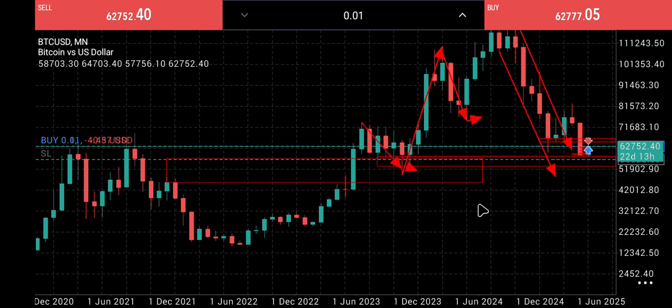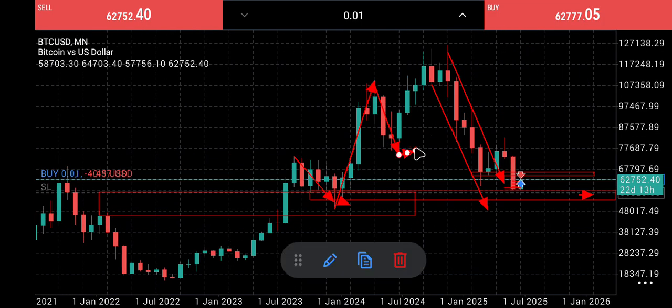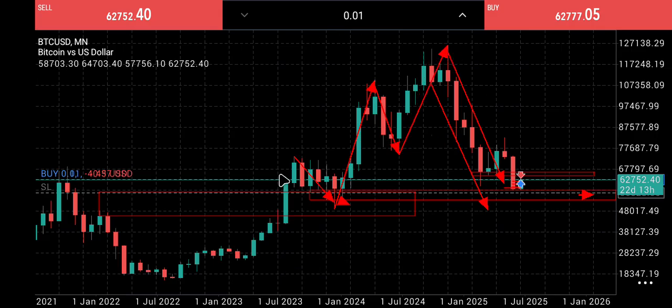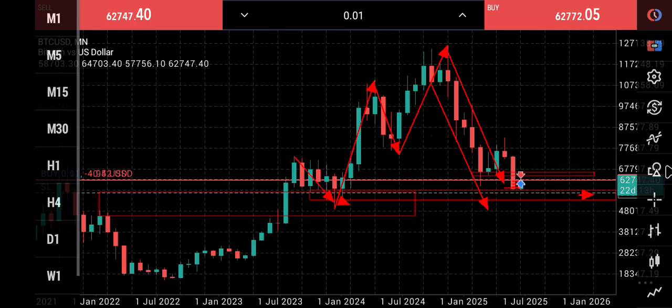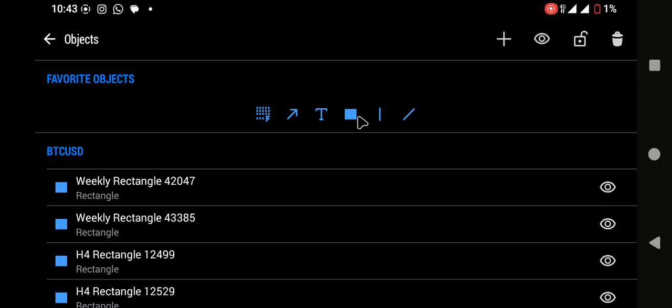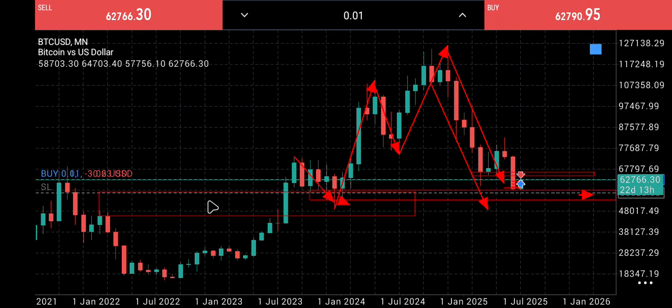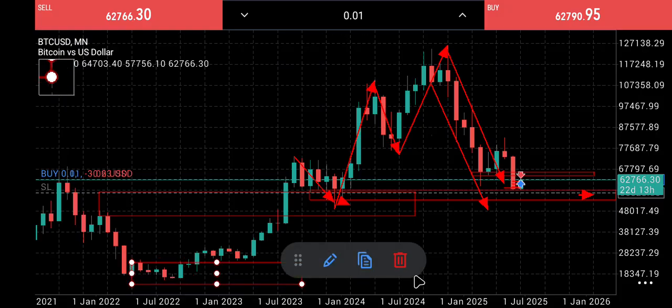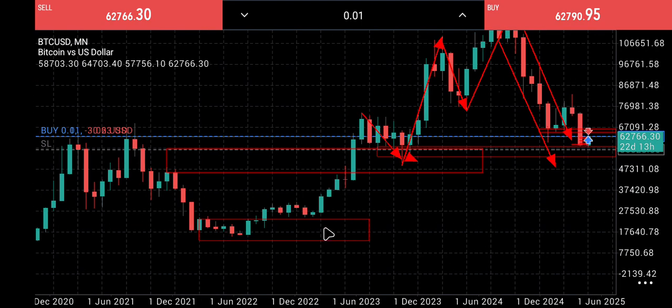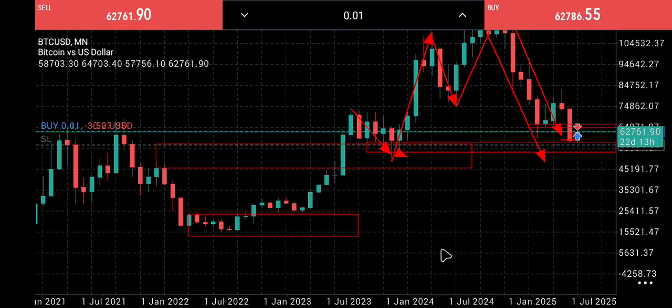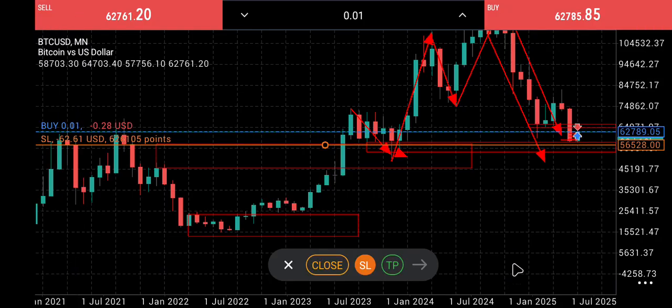You can ask the questions in the comment section. So you can see that this is how we identify the trend, right? So this market was trending up, right from this area.